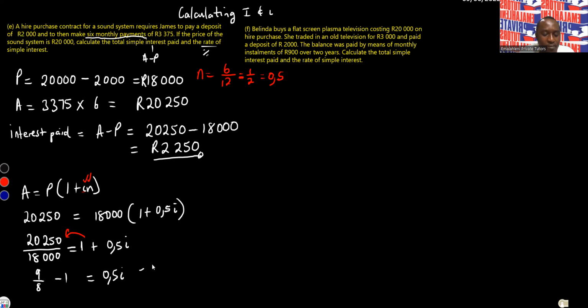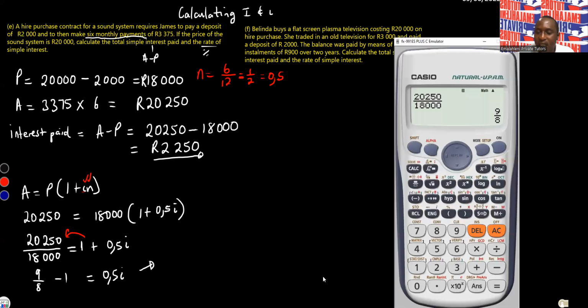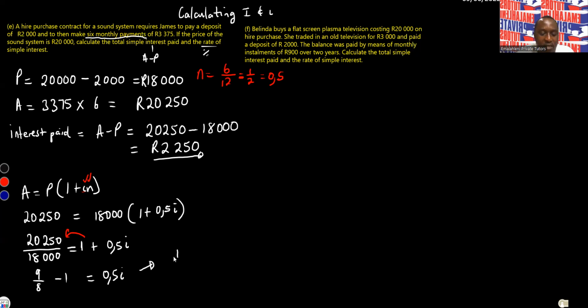Now, what do we do now? When we subtract 1, we get 1 over 8. So 1 over 8 divided by 0.5 is equal to 0.5 I divided by 0.5.